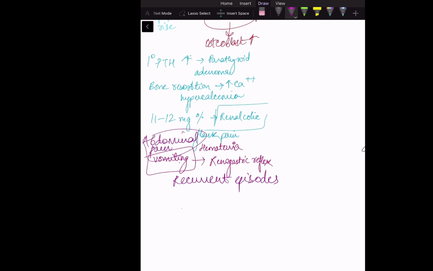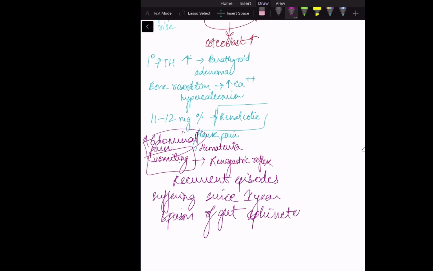Then, if a person has been suffering from this for, say, one year, there will be spasm of the gut sphincter, which can lead to constipation.